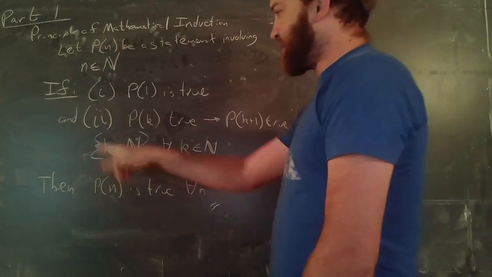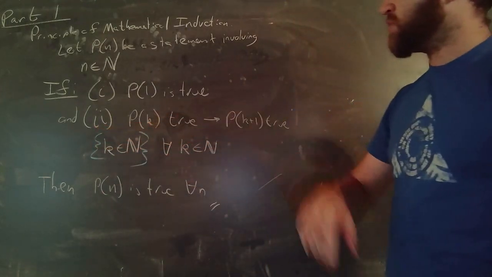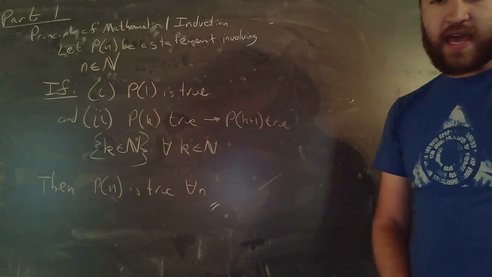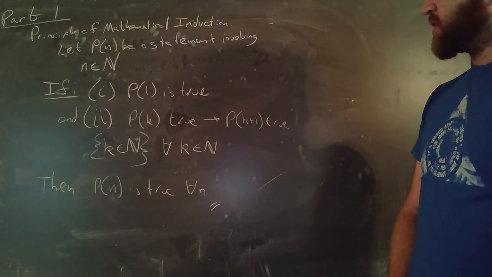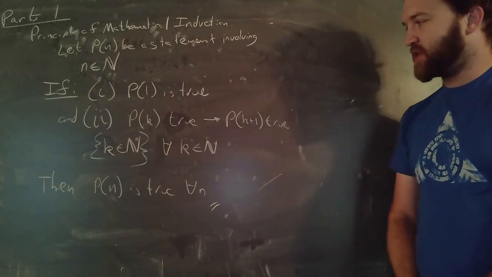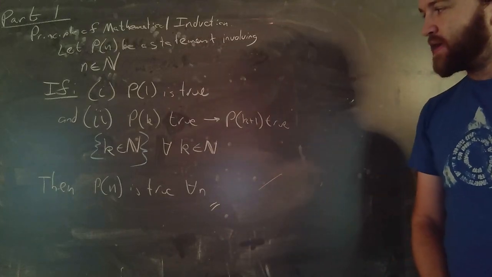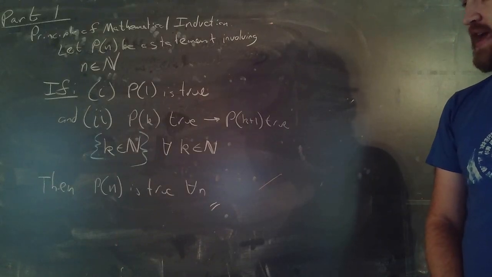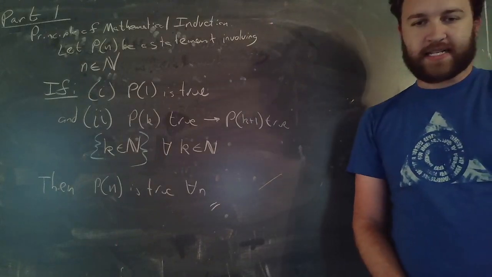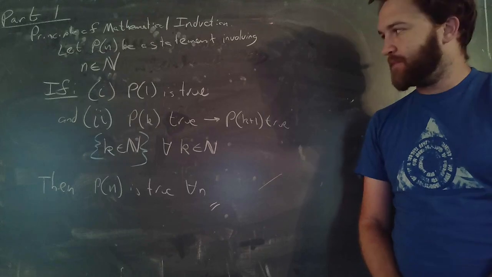And the second step says if we can show that for a k value, k being drawn from the natural numbers, that P of k being true implies that P of k plus 1 is also true, then that will mean that P of n is true for all possible values of n.